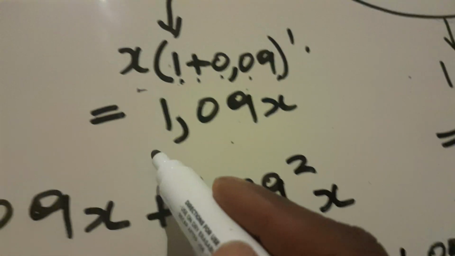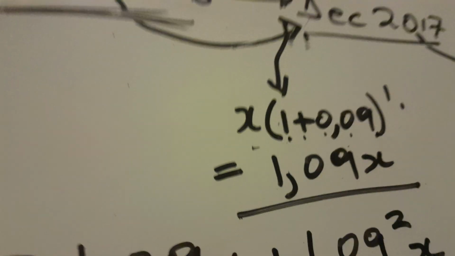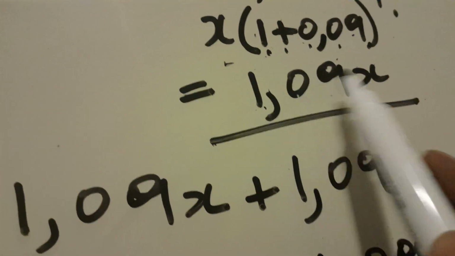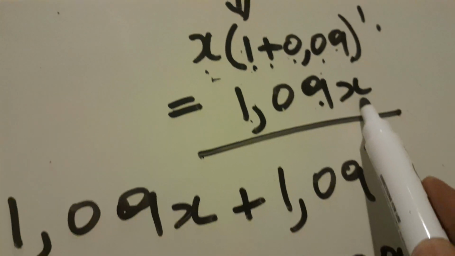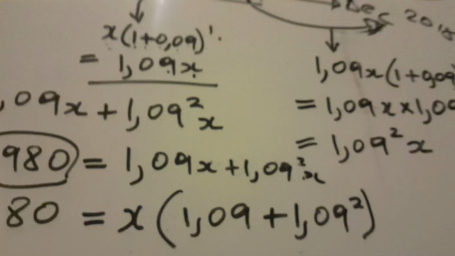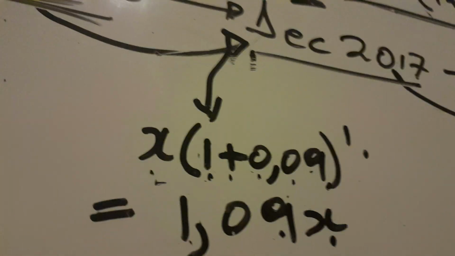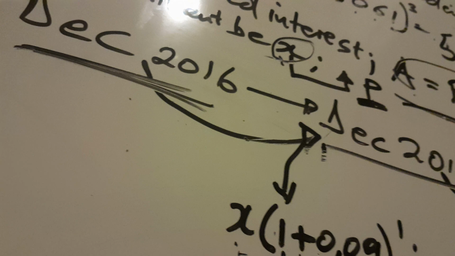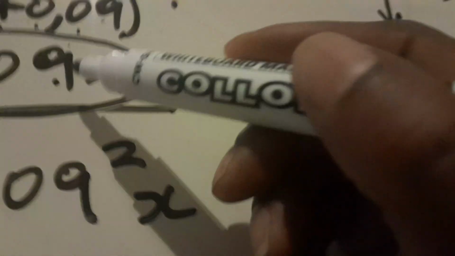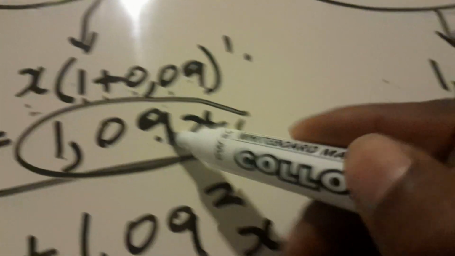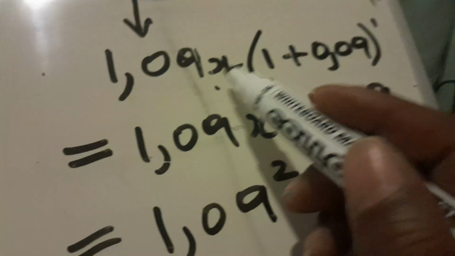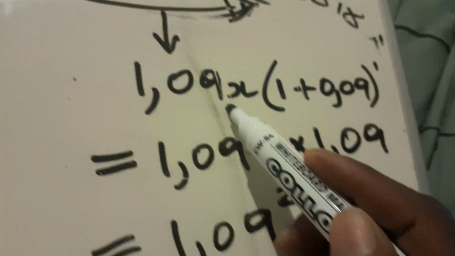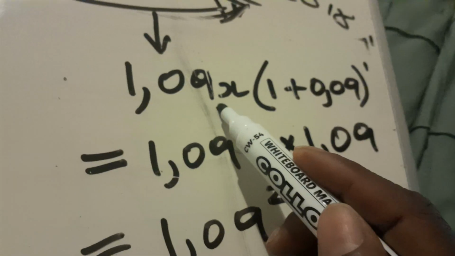So it gives you 1 plus 0,09 gives 1.09 times X. Going to the second year, what happens with compounded interest is that now we take the amount for the first year and use it as our principal in the second period of the investment.